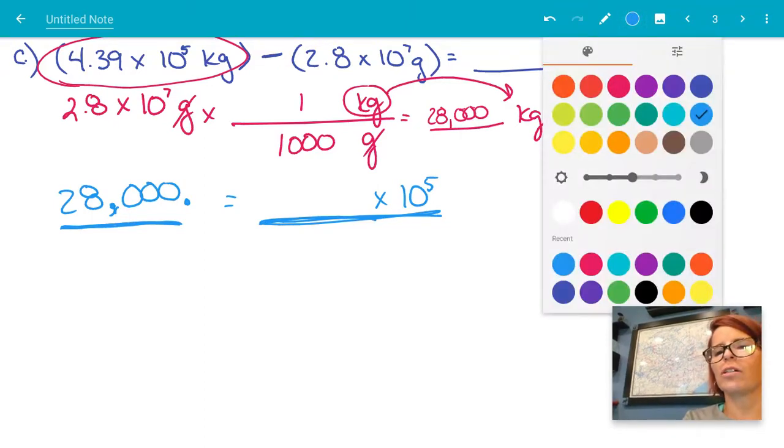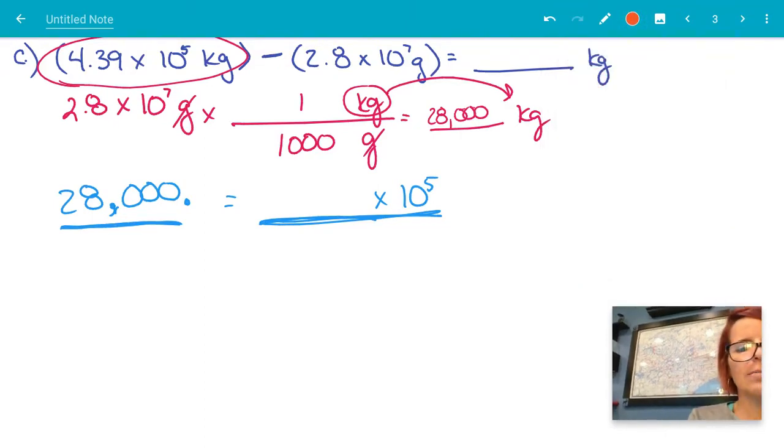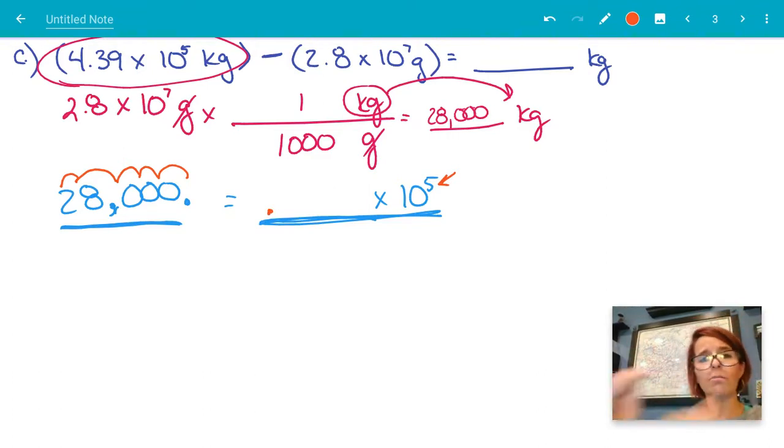So my decimal, I need to move it 1, 2, 3, 4 spots over. Oh, sorry, what am I doing? 1, 2, 3, 4, 5 spots over because it's a 5 here. So let's just practice it. If you're not sure if you're moving your decimal the right direction, just try something, multiply it out, and see if you got the right answer.